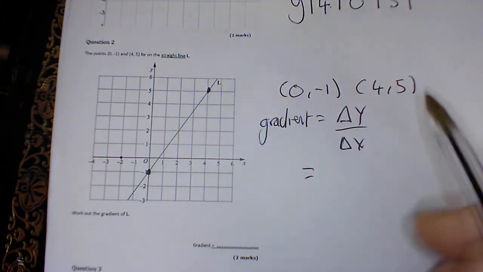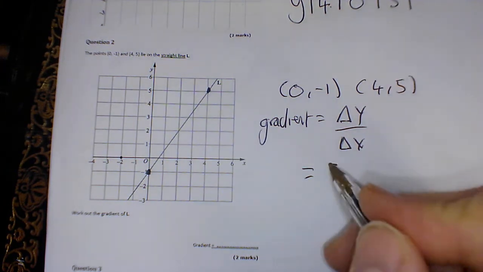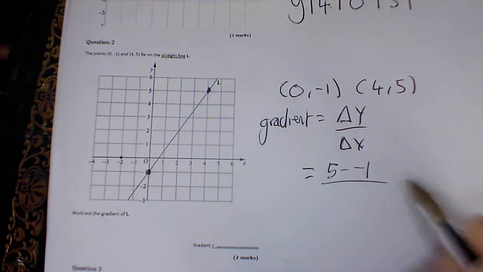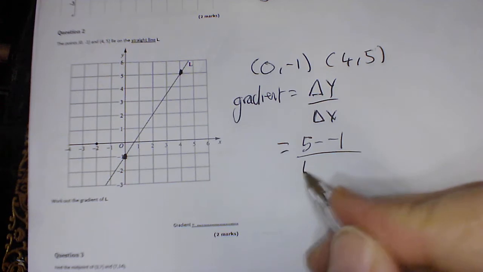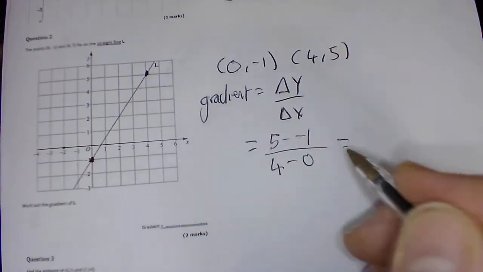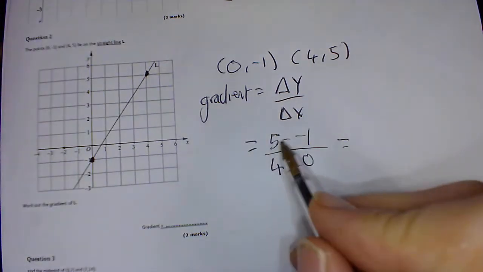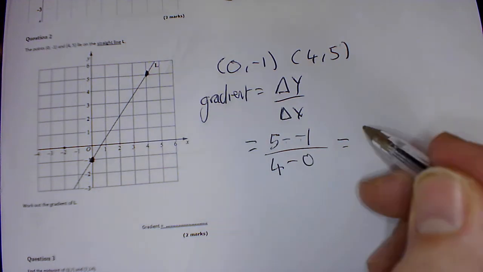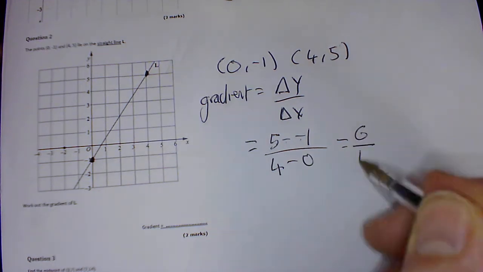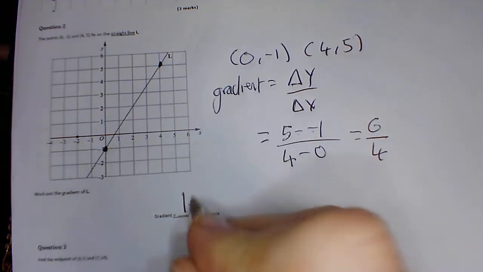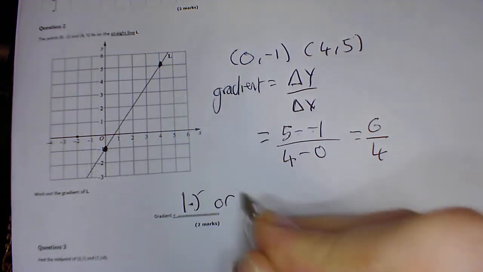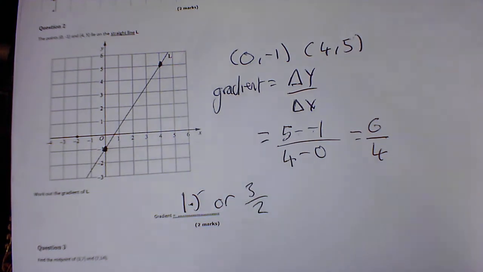So the difference in y is 5 take away negative 1. Be very careful with negatives. Over 4 minus 0. 5 take away negative 1 is 5 add 1, so 6 over 4. If you want to do that as a decimal, it's 1.5 or 3 over 2. Up to you, really.